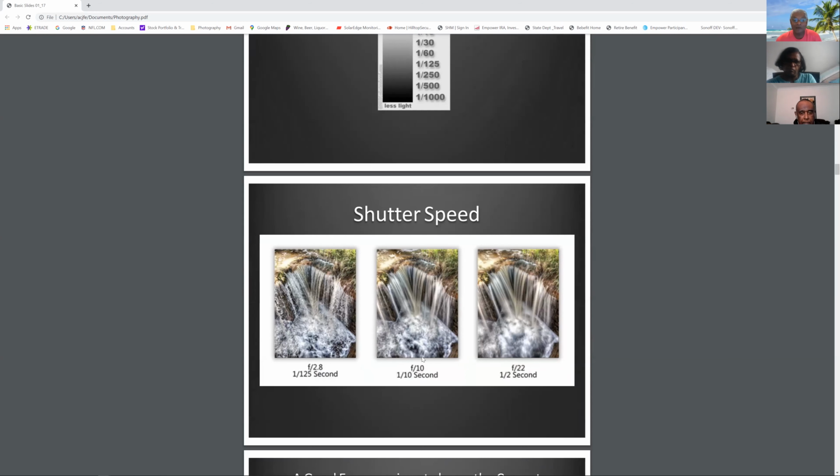Here's the example. When you take the picture at f2.8, to get the correct lighting you have to have 1/125th of a second. Now you see the water in the waterfall coming down; it's an instant picture.